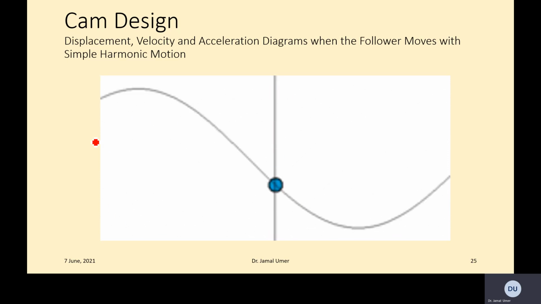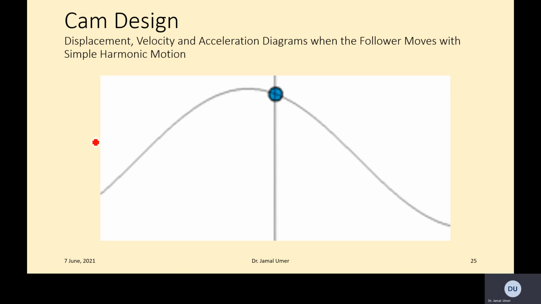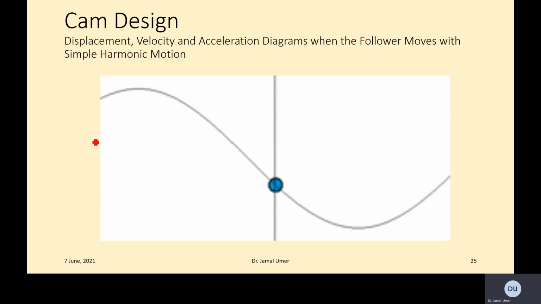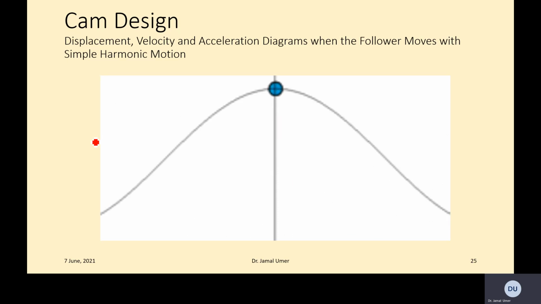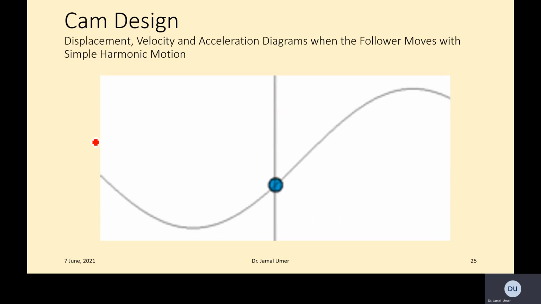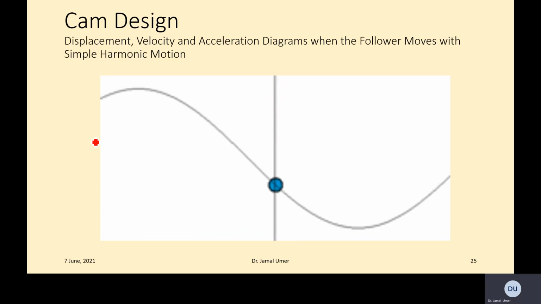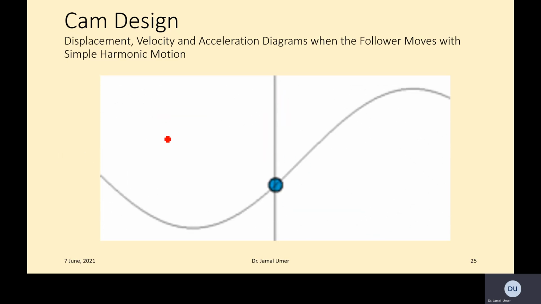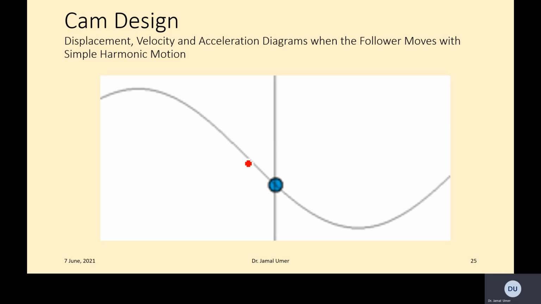this short video, which is playing the animation, is a very good way to describe that if you have reciprocation, you actually have simple harmonic motion. So you see the curve being generated by use of this follower is following a simple harmonic motion.